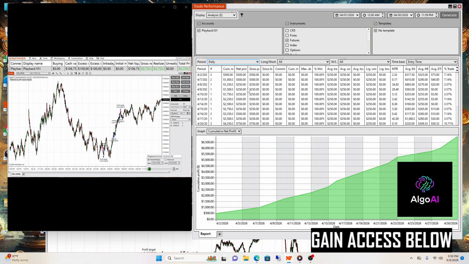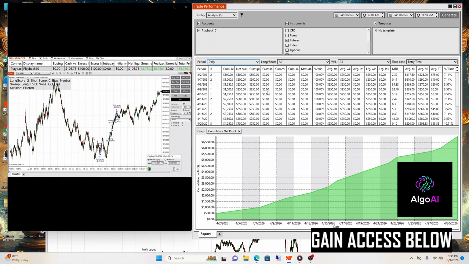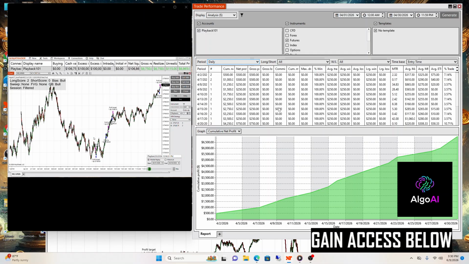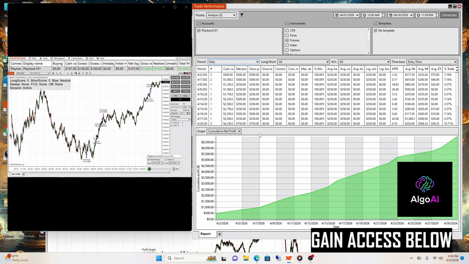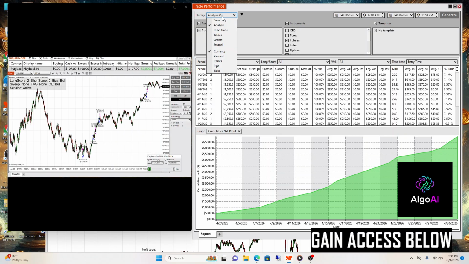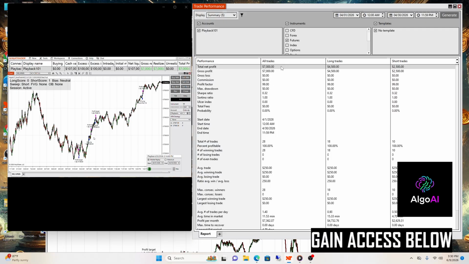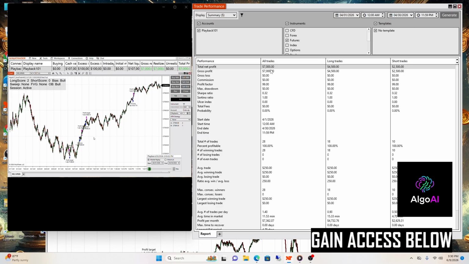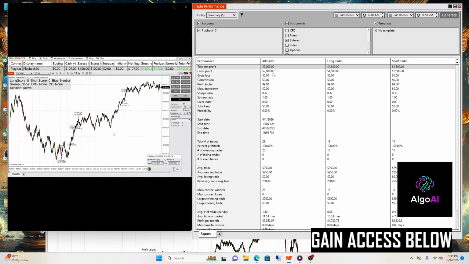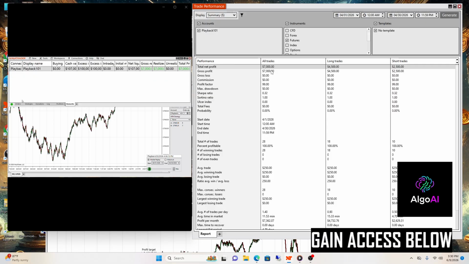I mean, if you're using a larger account and you have more drawdown available, you can definitely scale up your position size. These results are only on one contract of the NQ. You're making 7K a month with one contract of the NQ, which is good as it is.